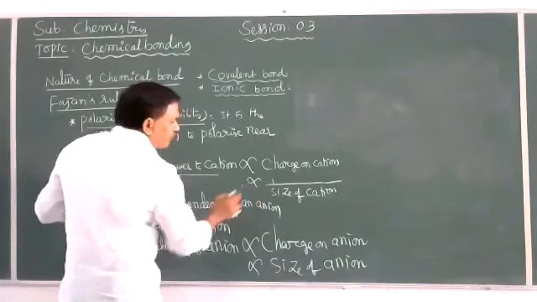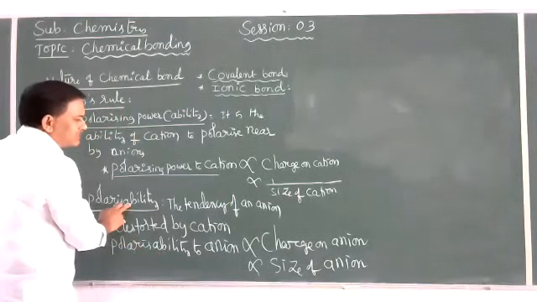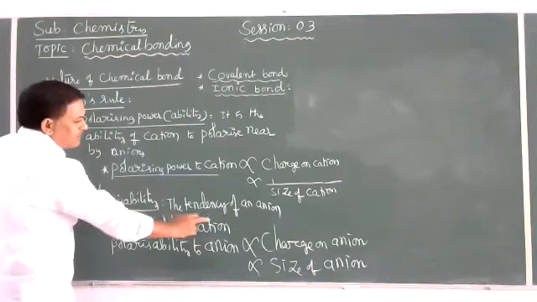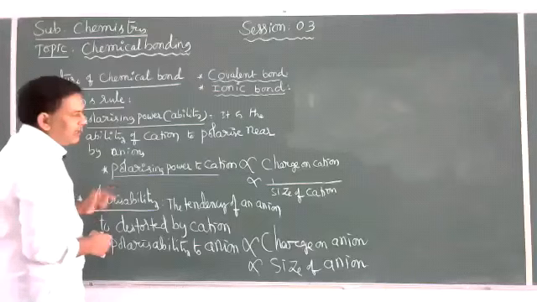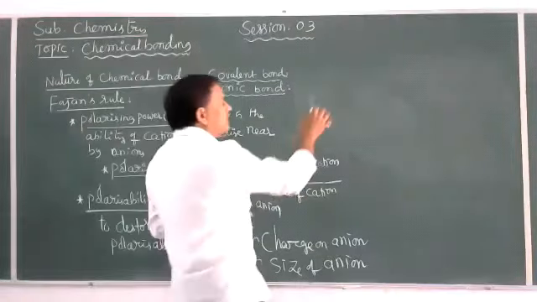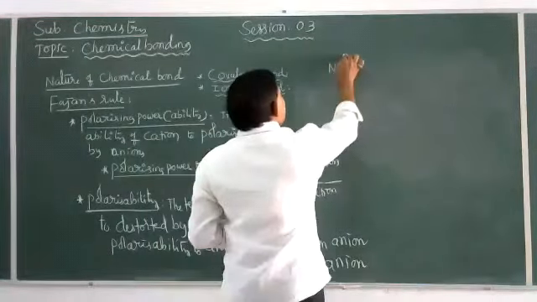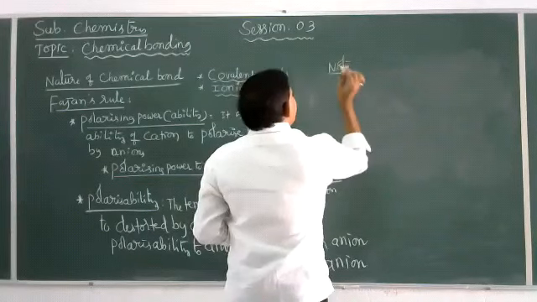Polarizability is related to the anion, and both charge and size are directly proportional. Okay, so based on this, one important point is here.